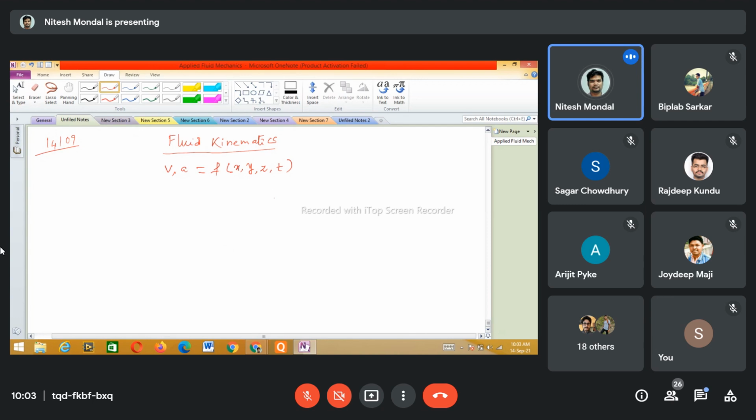So this is fluid kinematics. There are two methods to study it. One is the Lagrangian method, or particle method.